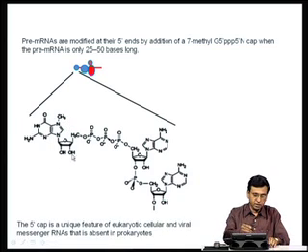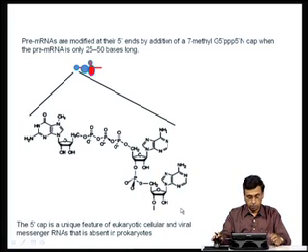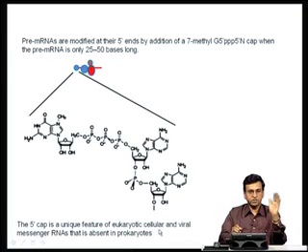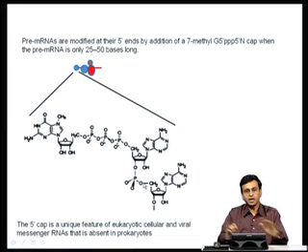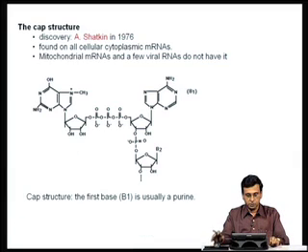So, the addition of the methyl guanine to the 5' end of mRNA is what is called mRNA capping. Remember, this 5' cap is a very unique feature of eukaryotic cellular RNAs and also of certain viruses which infect eukaryotic cells. Not all viruses, but certain viruses. This kind of mRNA capping mechanism is absent in prokaryotes, so it is a major difference between prokaryotic and eukaryotic mRNA processing.